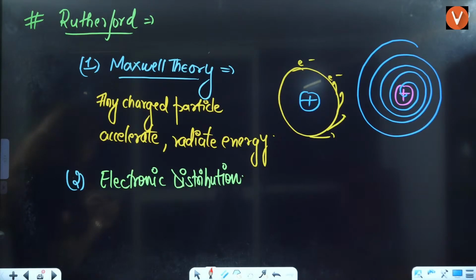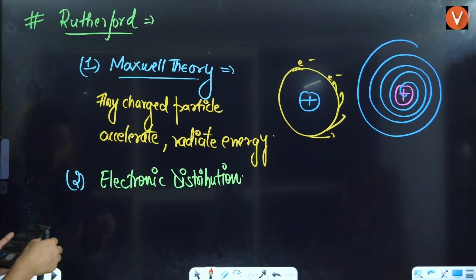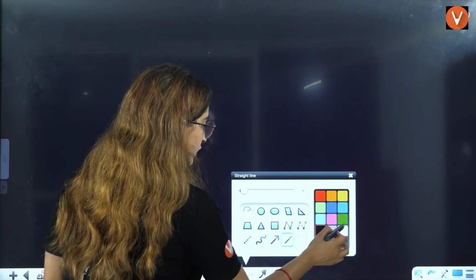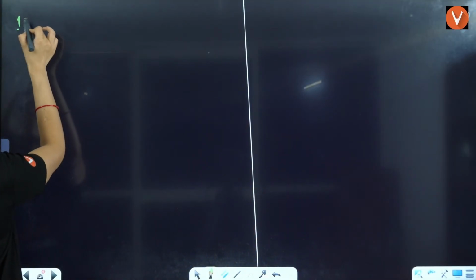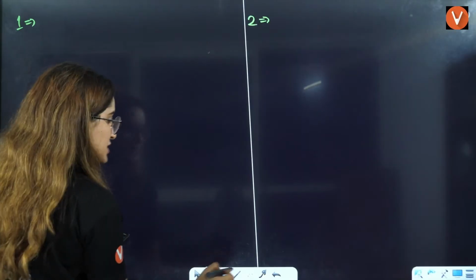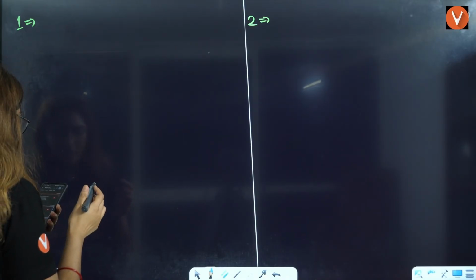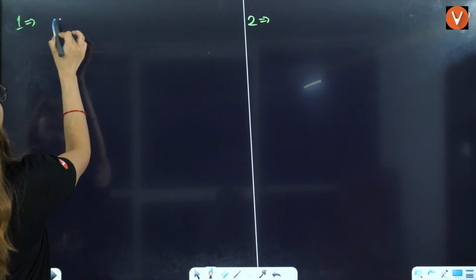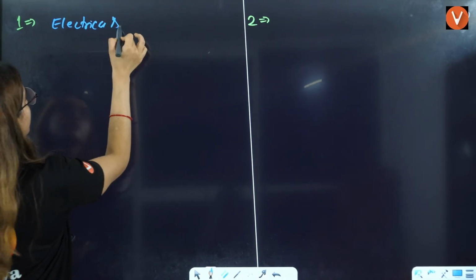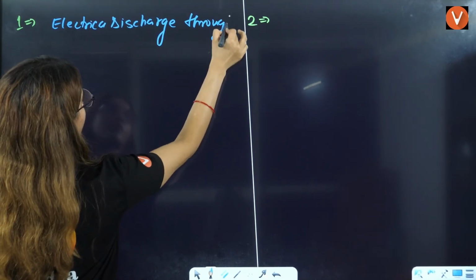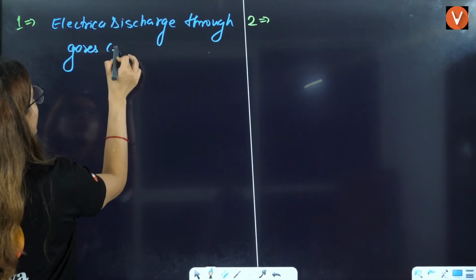Let me just see a question. Now I am writing two homework questions for you here. First question: electric discharge through gases could be observed properly under dash pressure and dash voltage. Options I'm not writing, guys, you write them.